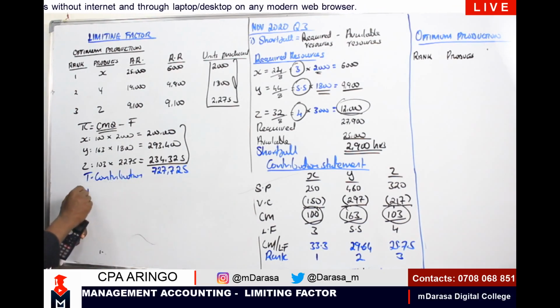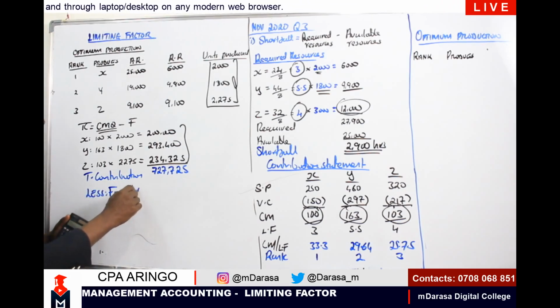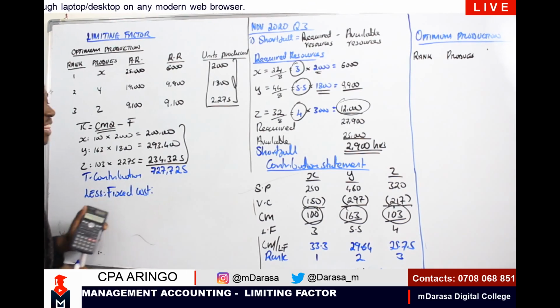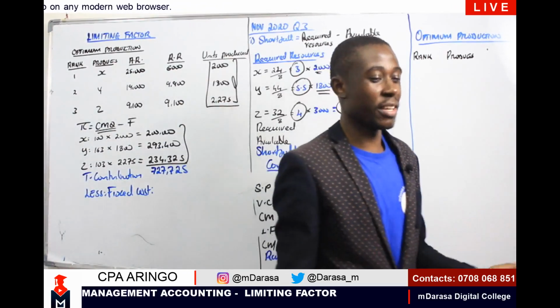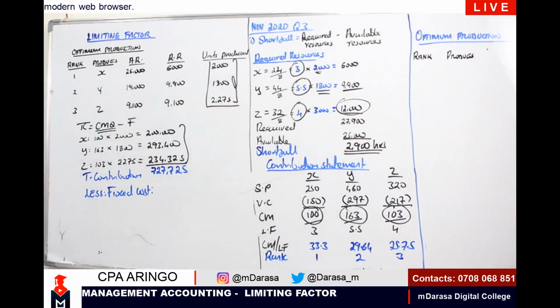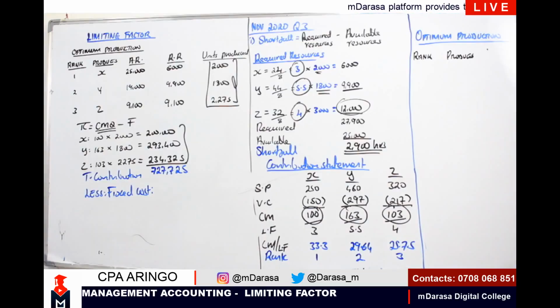Then we less what? Less fixed cost. And the question is, do we have our fixed cost? Yes, we are given our fixed cost. You can clearly see here that I was given a fixed cost of how much? I was given a fixed cost of 400,000. Note number one, the total fixed production cost for the three products amounted to 400,000.